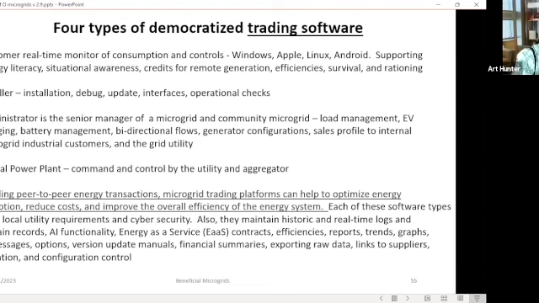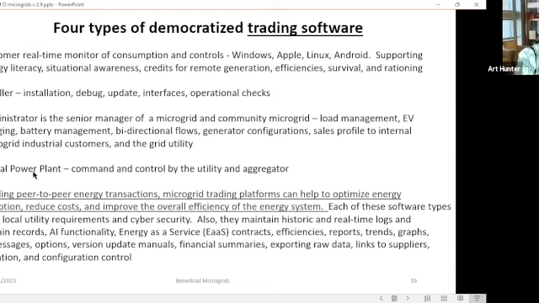Of course, we have installer software as well, which has to have the ability to debug and provide updates and check all interfaces and do the operational checks. The third type of trading software is for the administrator, or the manager, of the community microgrid, who is looking at battery management, bidirectional flows, configurations and sales, etc., and the interaction with the grid utility.